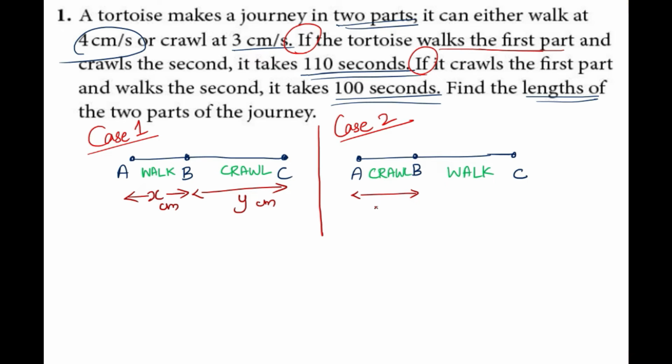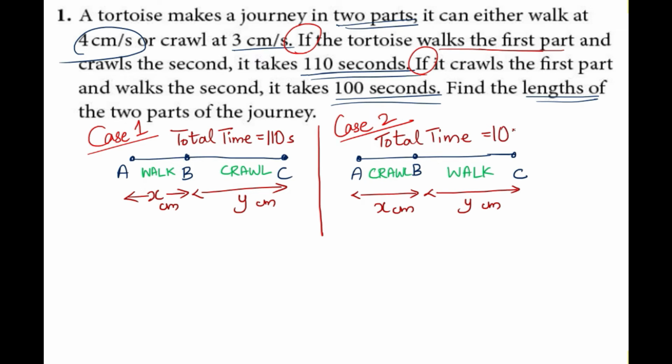The same thing here: x centimeters, and from B to C it's y centimeters. Going back to the question, for case 1, the tortoise walks the first part and crawls. The total time here is 110 seconds, and here the total time taken is 100 seconds.